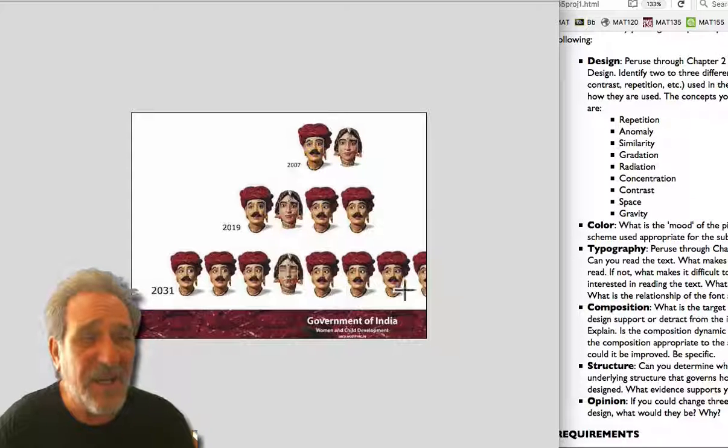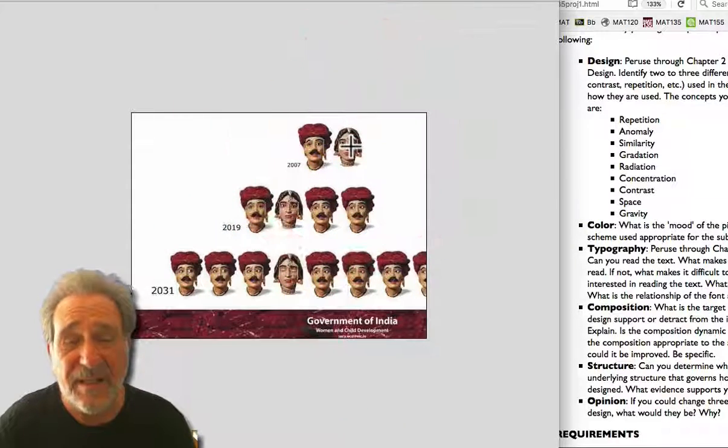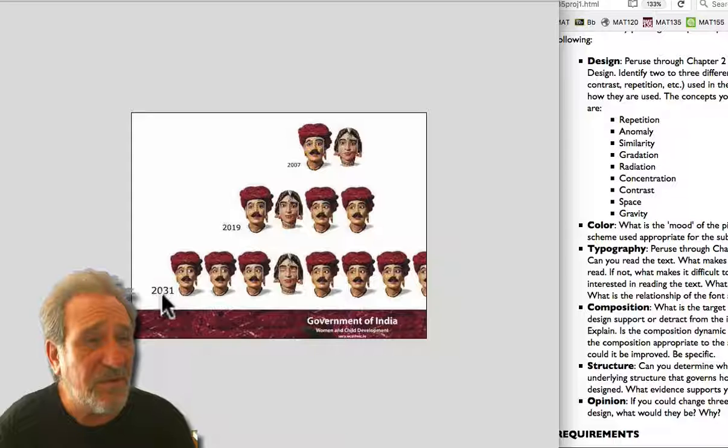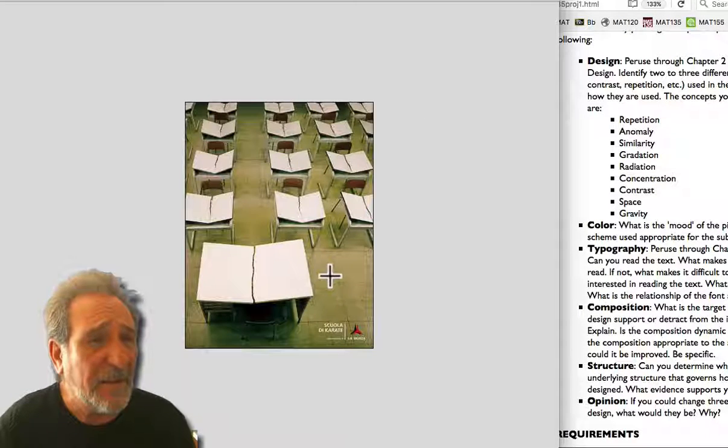What's interesting about the ad is that it's clear that even though employment has risen in India, the number of women in the employment sector has not. So that's an interesting, simple graphic visual that helps to identify that. Typography is clean, dynamic layout because it's not centered. So those are the things that stand out there.